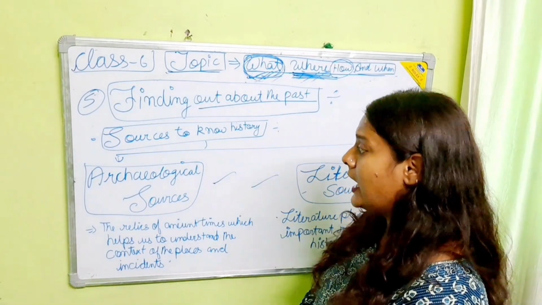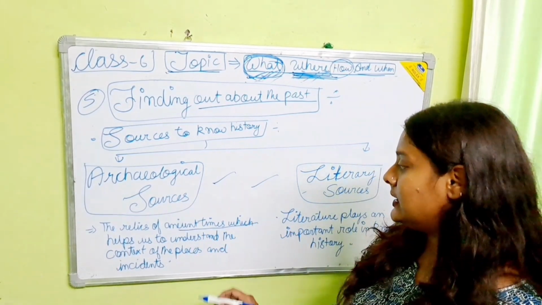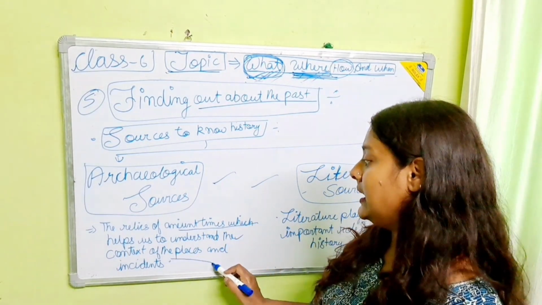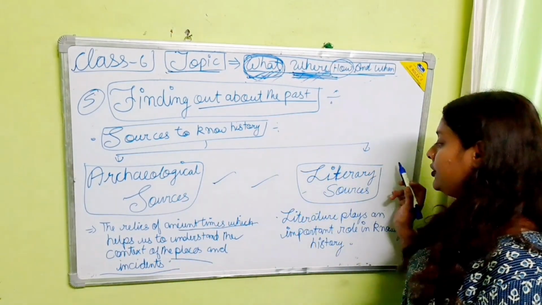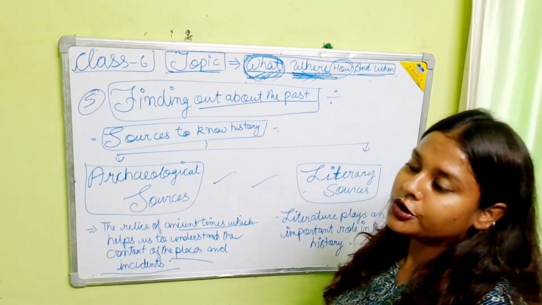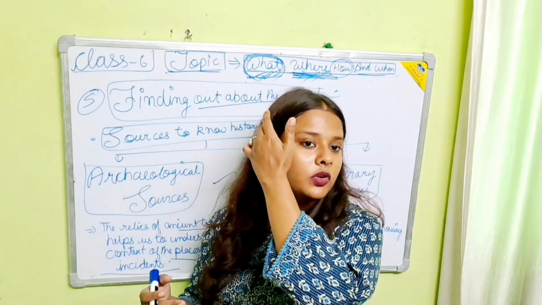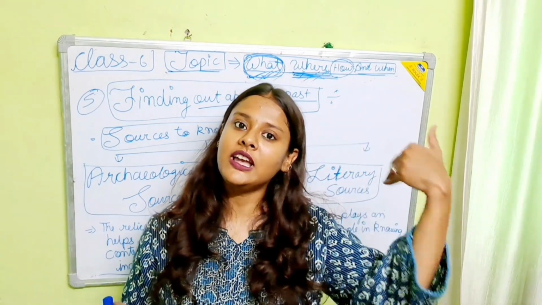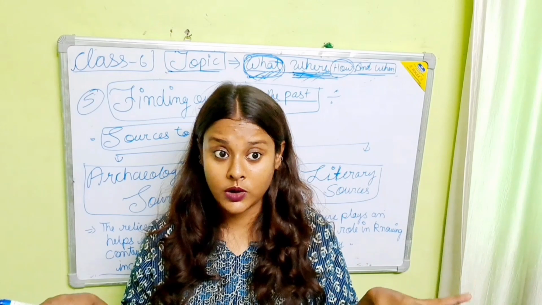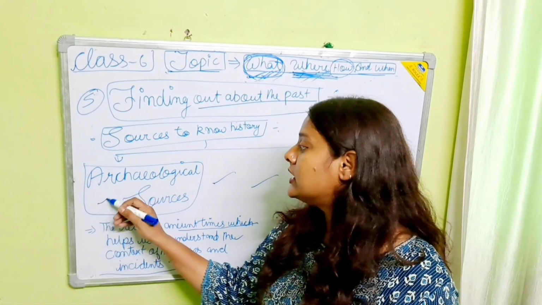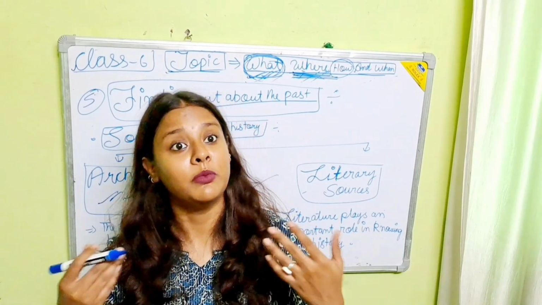The first is archaeological source, the relics of the ancient time, which help us to understand the context of the places and the incidents. And literary source, literature obviously plays an important role in knowing about history. As we have studied about prehistory, proto-history and history, in prehistory we don't have any written records. We use archaeological sources, and these are of many types.